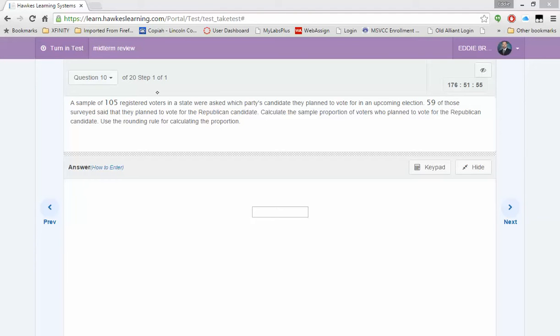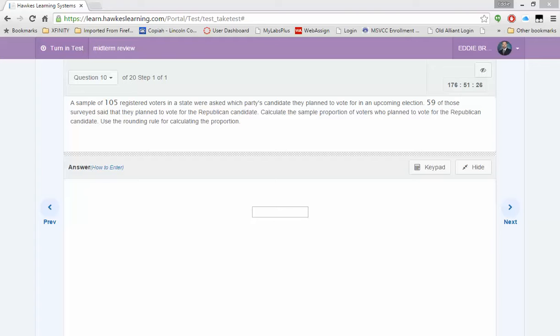A sample of 105 registered voters in a state were asked which party's candidate they plan to vote for in the upcoming election. That makes a little more sense now. 59 of those surveyed said they plan to vote for the Republican candidate. Calculate the sample proportion of voters who plan to vote for the Republican candidate. Use the rounding rule for calculating the proportion.